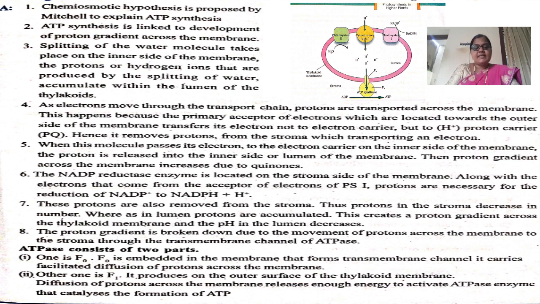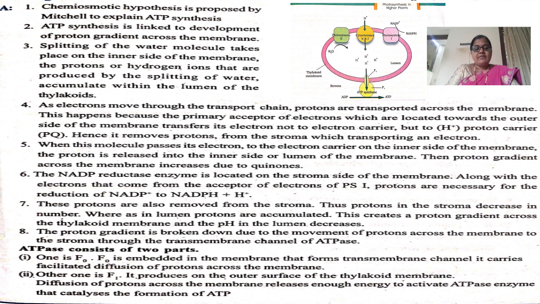In the chemiosmotic hypothesis, the electrons move through the transport chain. By moving these electrons through the transport chain, protons are also transported across the membrane.